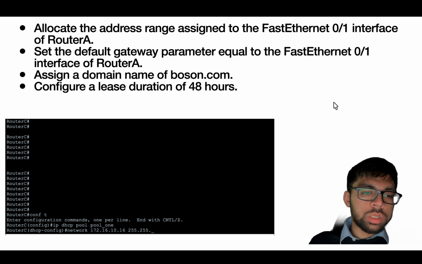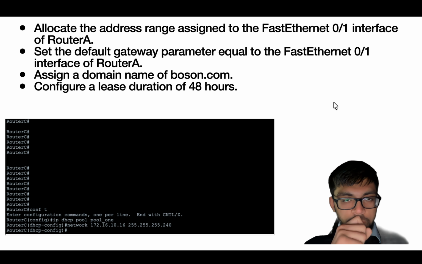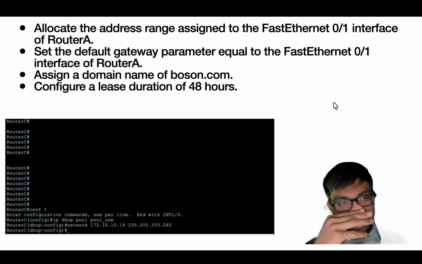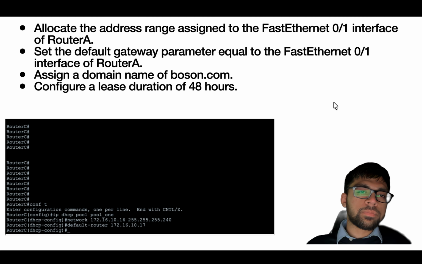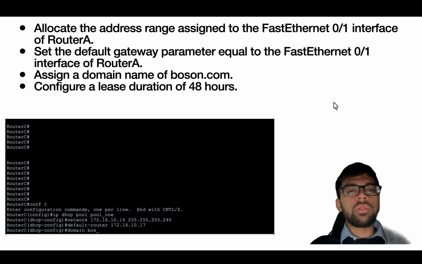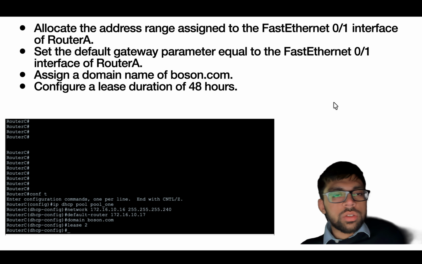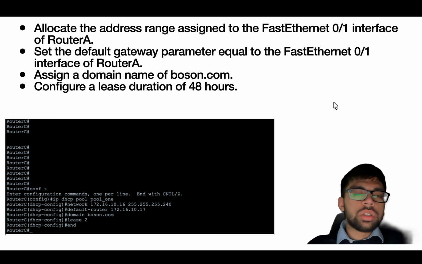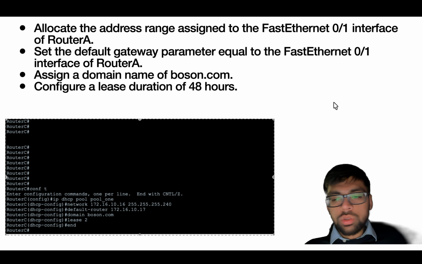So network 172.16.10.16 255.255.255.240. Then we set the default gateway parameter equal to the Fast Ethernet 0/1 interface of router A. Then the lease duration of 48 hours and domain name of boson.com. 48 hours, we'd configure that in days.